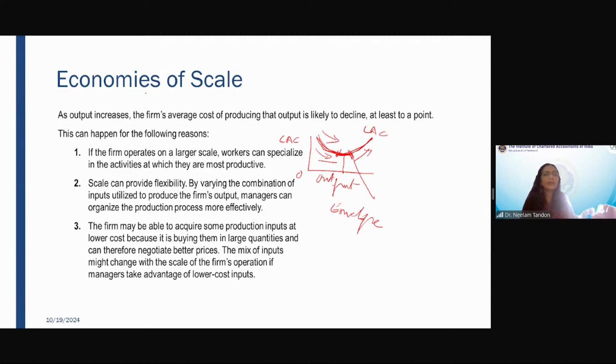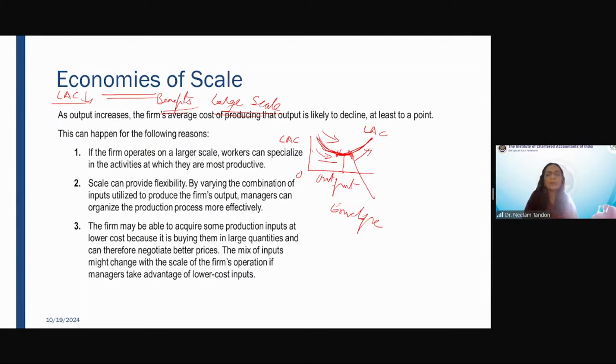Economies means benefits the firm enjoys when it is working on large scale. जब आप लार्ज स्केल पे प्रोडक्शन करते हैं तो आपकी एवरेज कॉस्ट कम हो जाती है. योर एवरेज कॉस्ट डिक्रीजेस and that helps you to produce more at a lower cost.